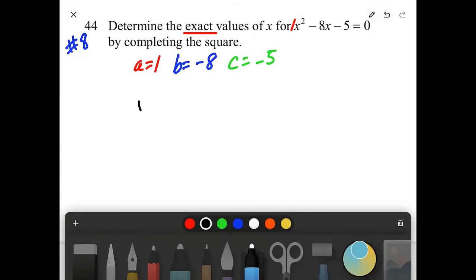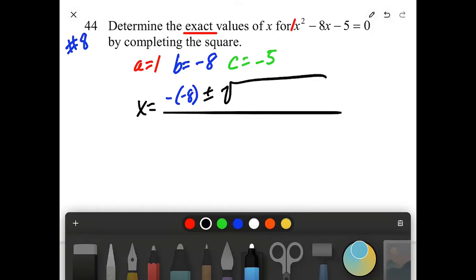So x equals -8 plus or minus the square root of, and inside I put -8 squared minus 4 times 1 times -5.